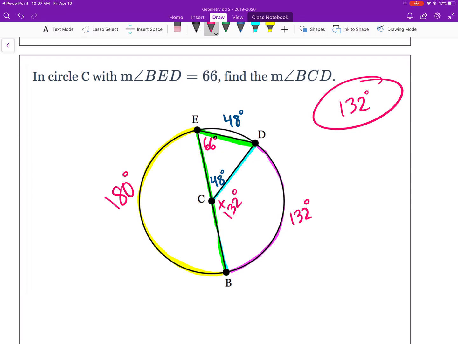They didn't tell you it's a diameter, but you should know that because it goes from one side of the circle to the other. It hits the circle twice and passes through the center of the circle. Anytime they say circle C, that means C is the center. So just a good one to expand on.